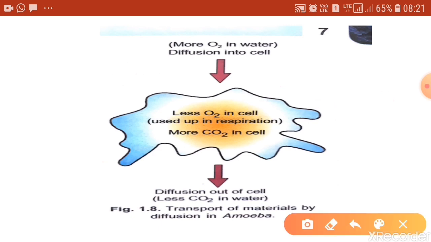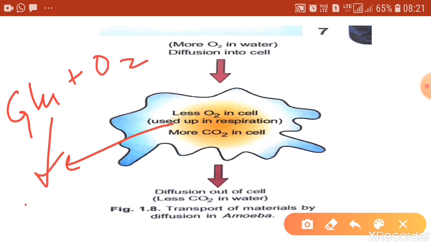In a respiring cell, as the cell is respiring, glucose inside the cell is oxidized to produce carbon dioxide and water. So in the process, oxygen is continuously consumed inside the cell and carbon dioxide is continuously liberated.